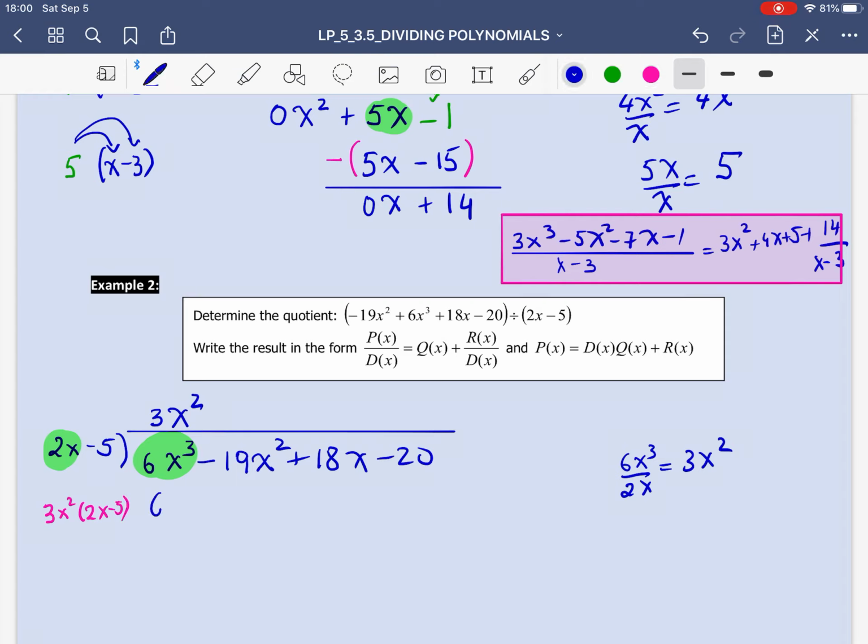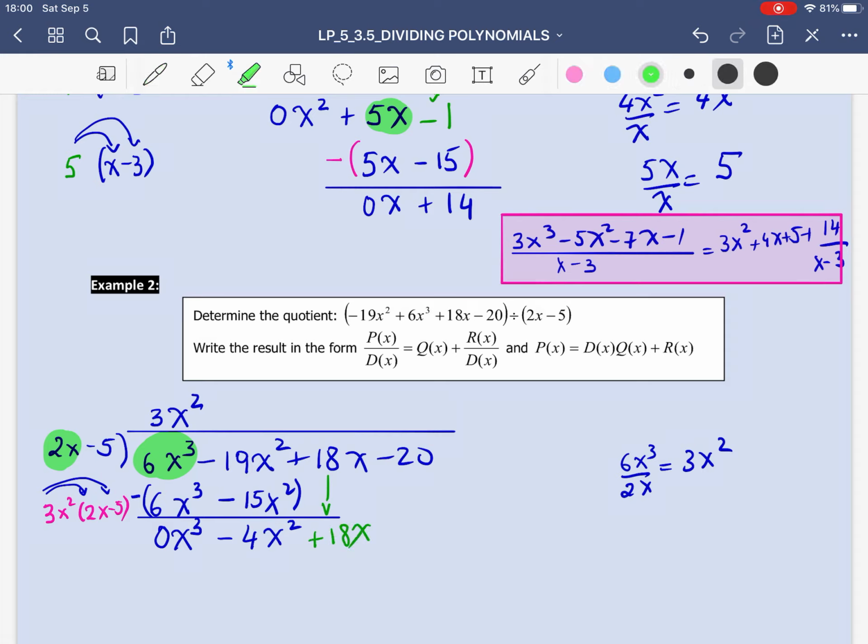And that will give 6x cubed minus 15x squared. Subtract what we got here. We're going to say 6x cubed minus 6x cubed, 0x cubed. Negative 19x squared minus negative 15x squared is minus 4x squared. And then we'll bring down 18x.